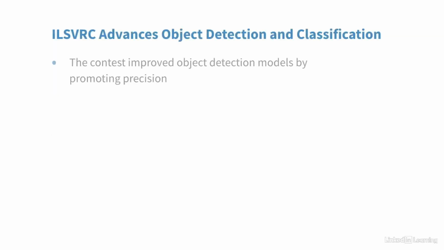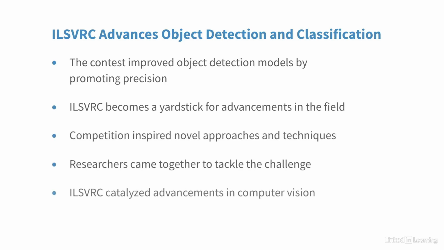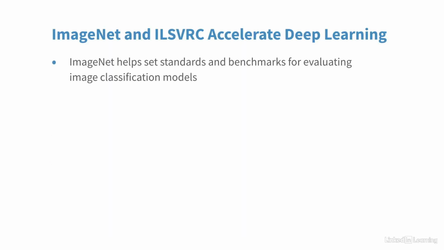This competition encouraged researchers to develop increasingly accurate object detection and classification models. The competition served as a benchmark for progress in the field of computer vision and spurred innovation and collaboration among researchers. It's difficult to say for certain, but the deep learning revolution would likely have been delayed or slowed down significantly if it were not for ImageNet.